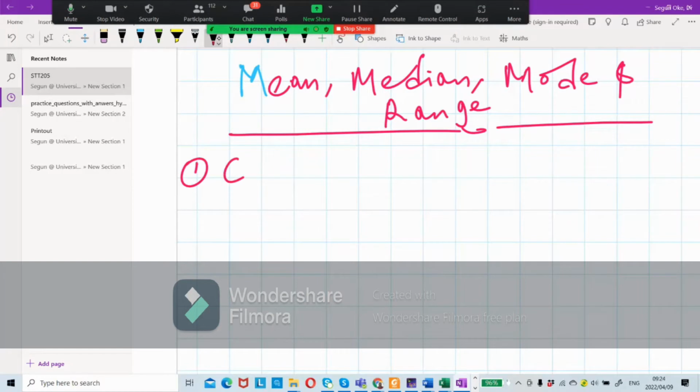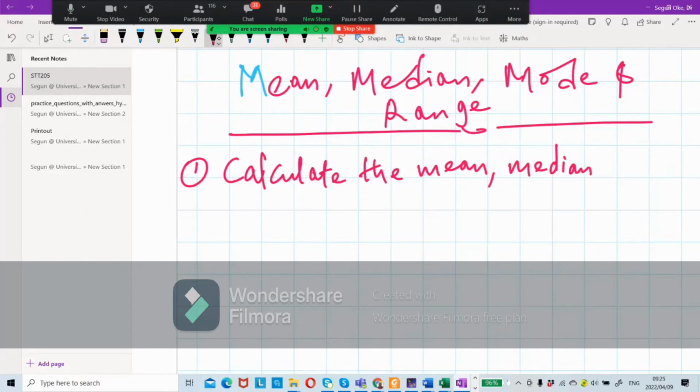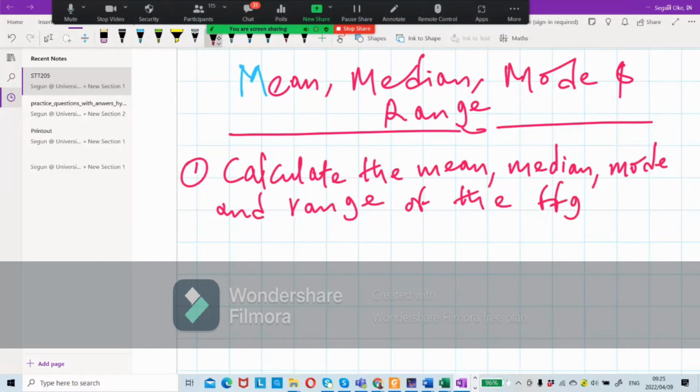Question one, calculate the mean, median, mode, and range of the following set of numbers.